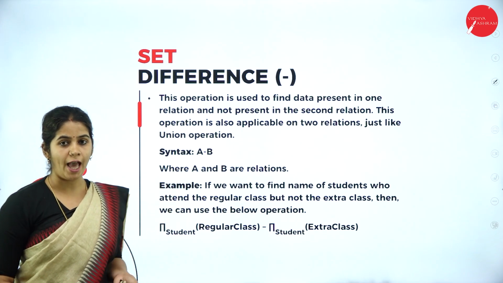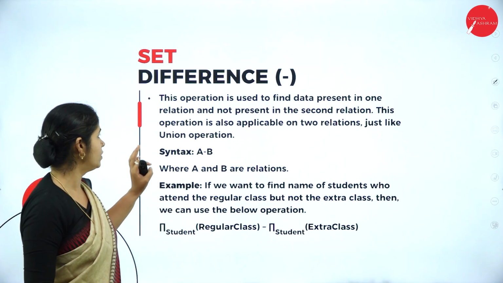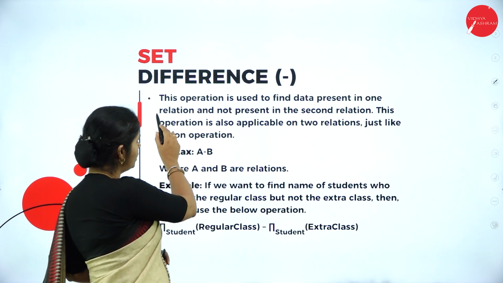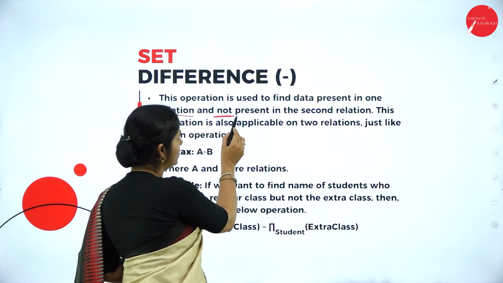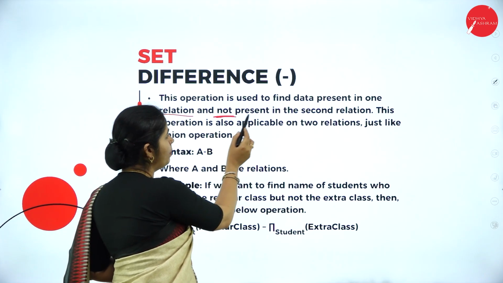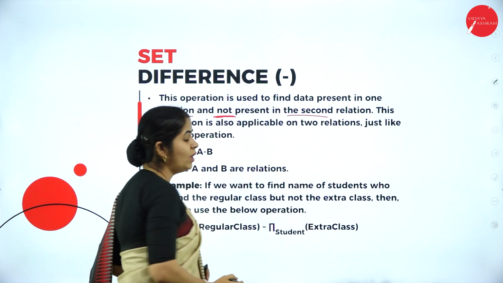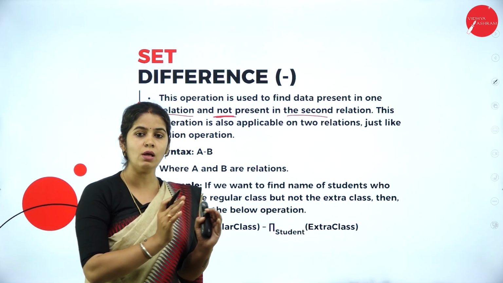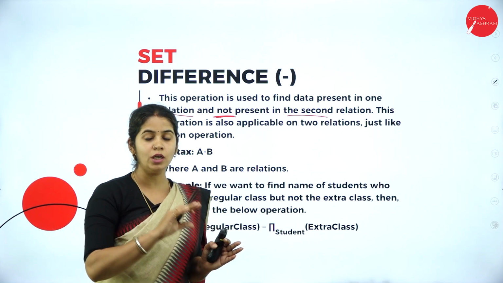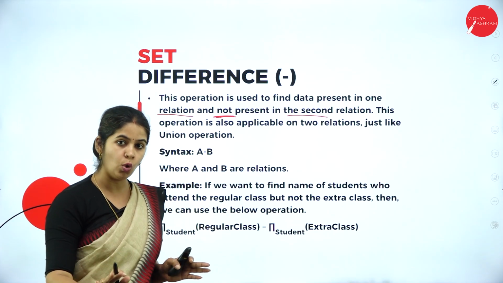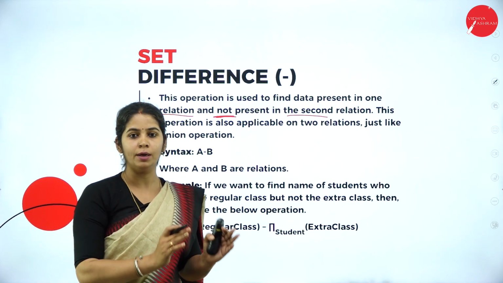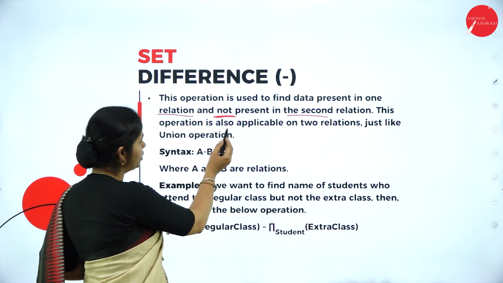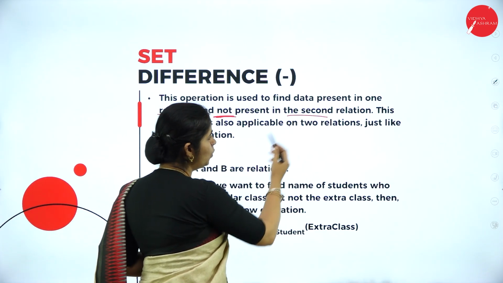Next, the operation we have is set difference. This operation is used to find the data present in one relation and, this is very important, not present in the second. We are not taking the common data; we are taking the data present only in table 1, which is unique to table 1 and not present in table 2. This operation is also applicable on two relations.